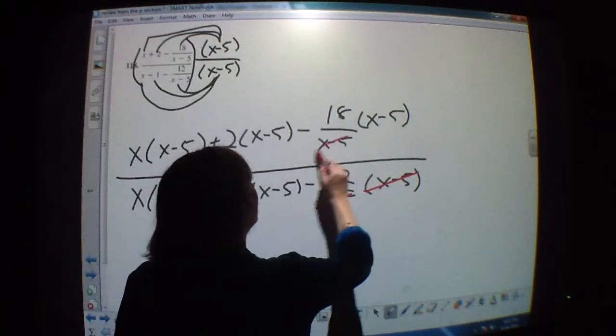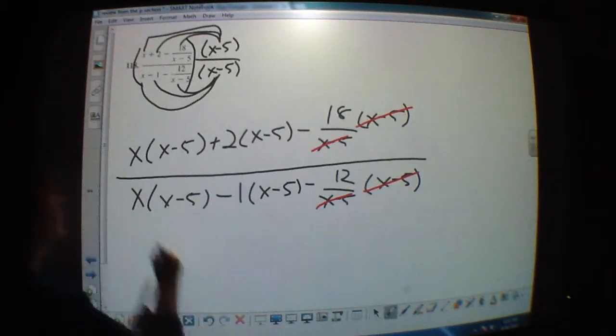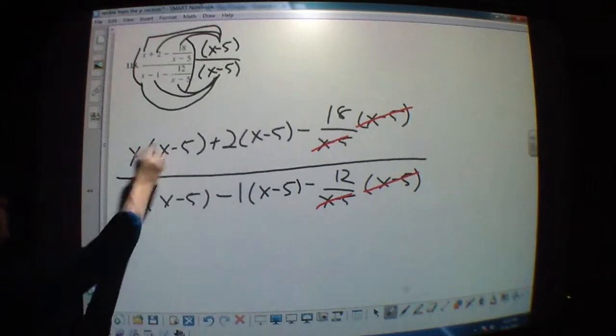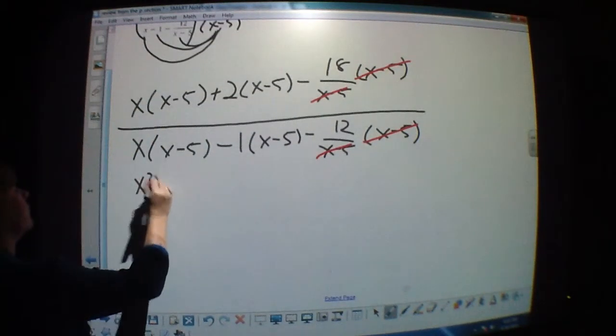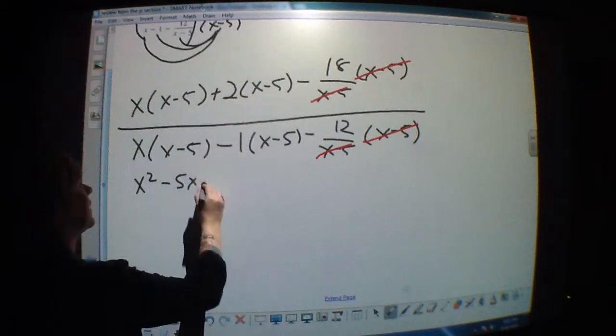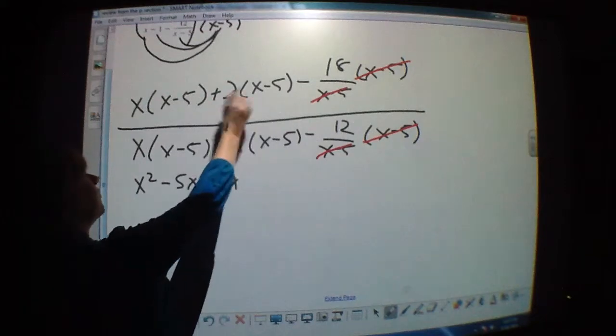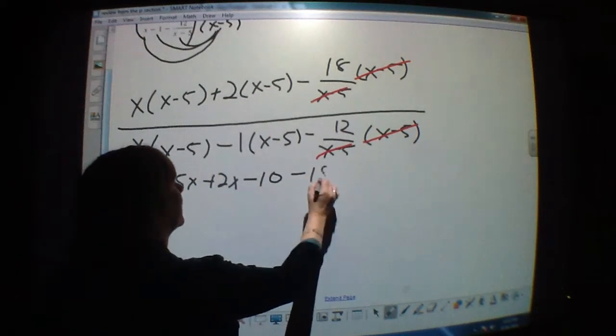These will cancel. Those will cancel. Distribute the numerator. x times x is x squared. x times negative 5 is minus 5x. 2 times x is 2x. 2 times negative 5 is negative 10. Minus 18.